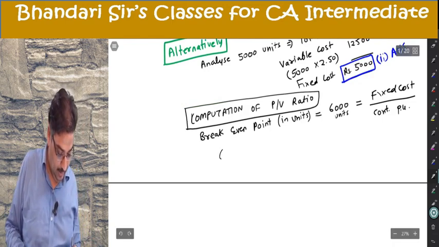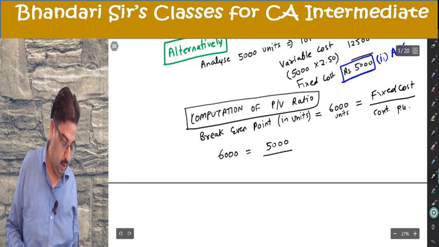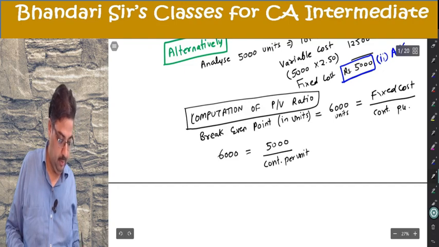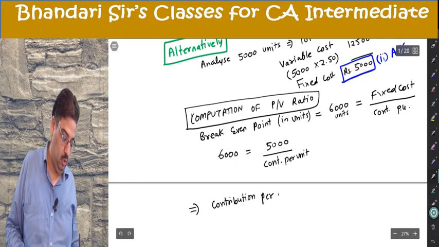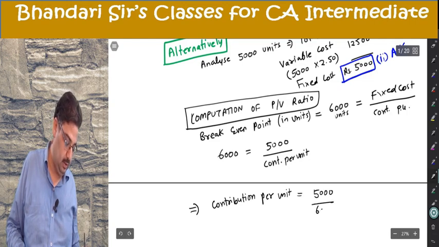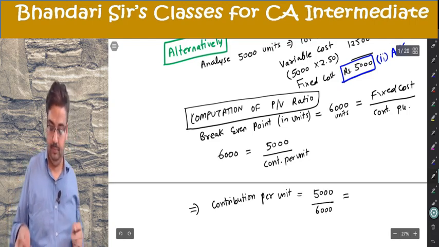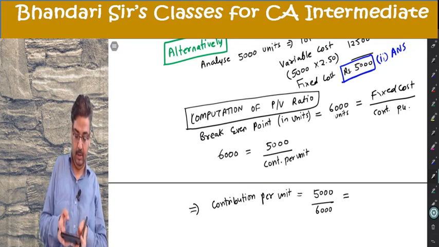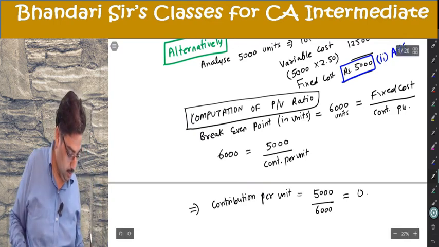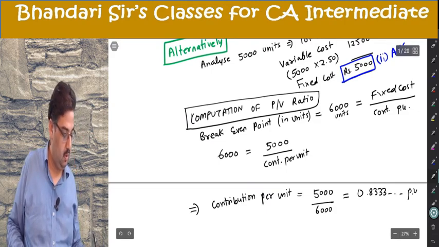So from there I can get 6,000 is equal to 5,000 divided by contribution per unit. This implies contribution per unit is equal to 5,000 divided by 6,000. 5 divided by 6 becomes 0.8333 recurring per unit.